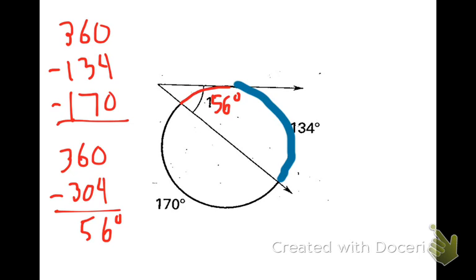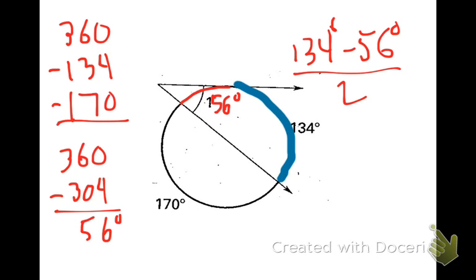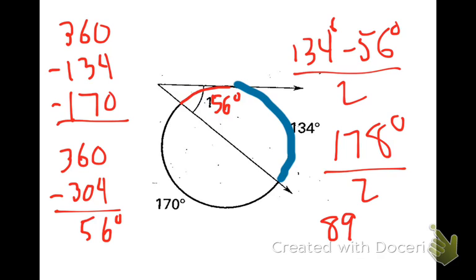Right? So what? Right, we subtract. 134 minus 56. Is that all I do? Divided by 2. So that's going to be 178. 178 divided by 2, which is 89 degrees.